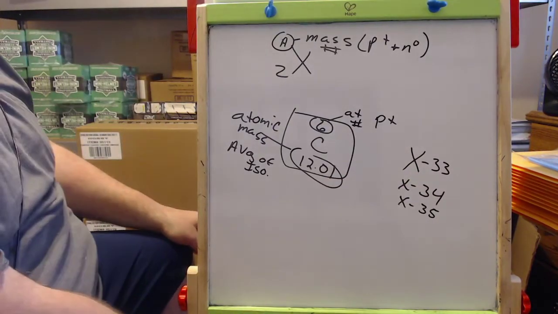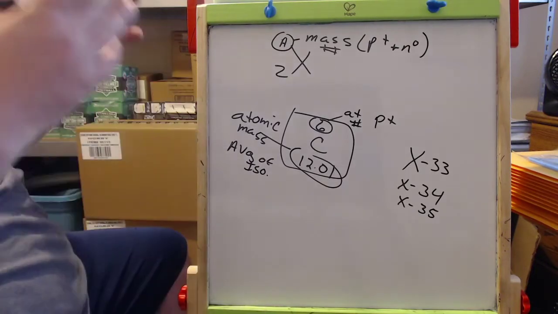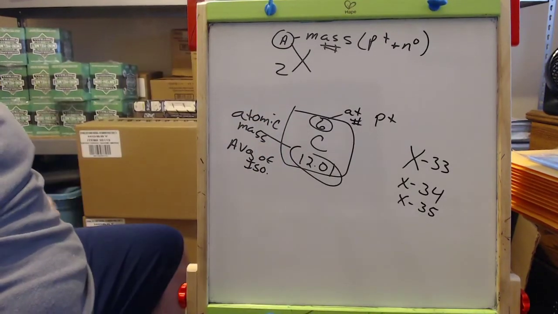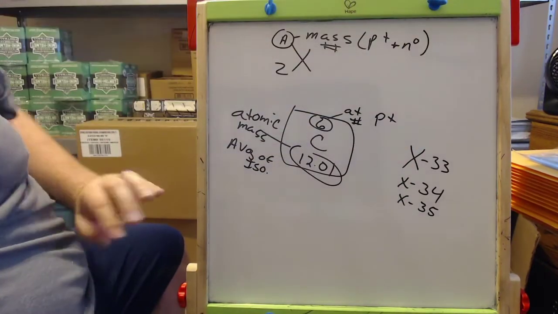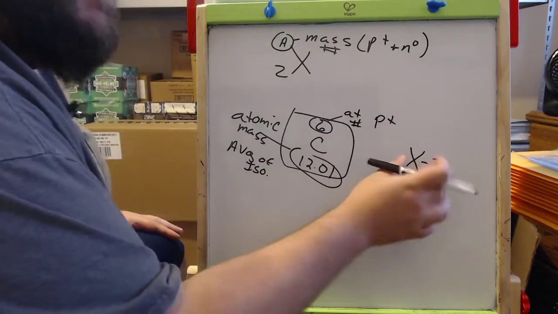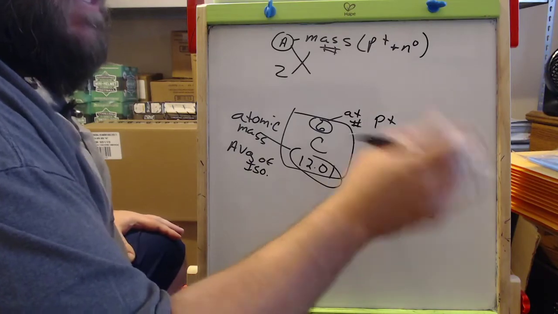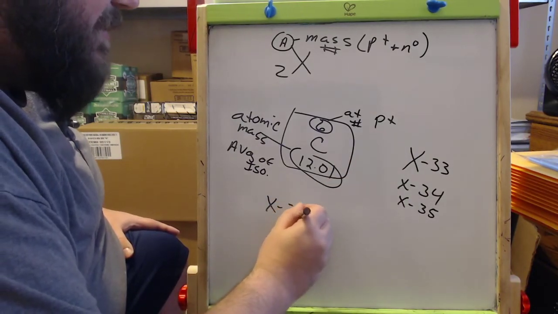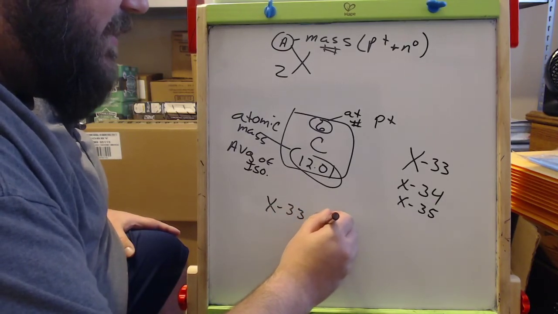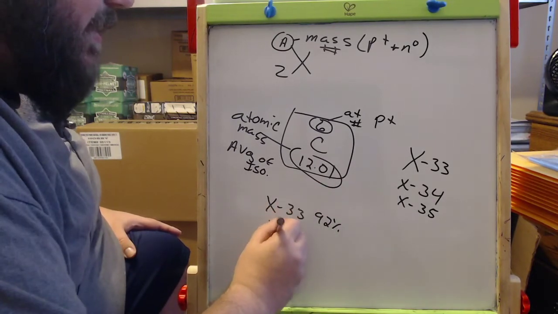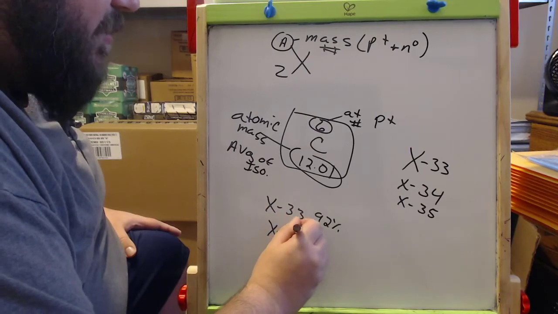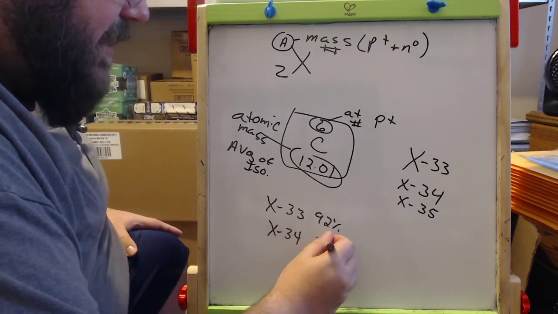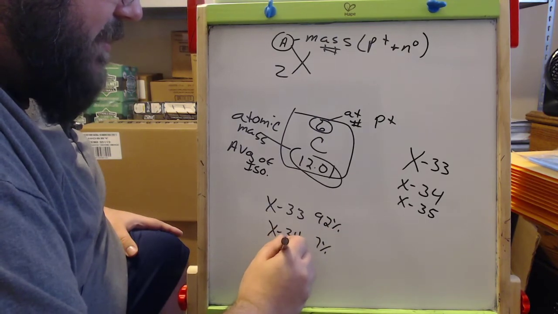We run analysis on a sample of the element X. We put it in something called a mass spec, and the mass spec will spit out information and give you the exact mass of each component and its percentage. So let's say X33 is present, and it is 92% of our sample. X34, which is an isotope, is 7%, while X35 is 1%.